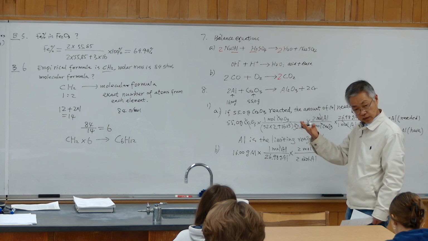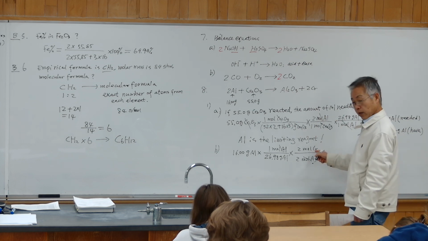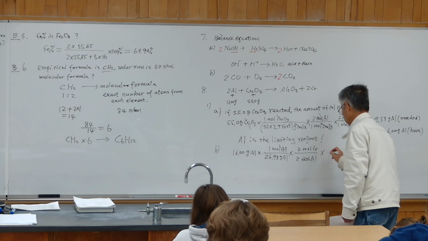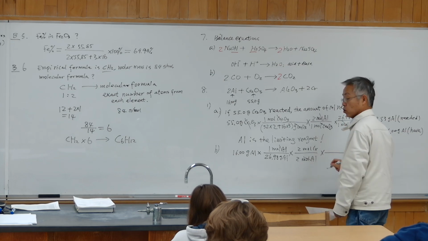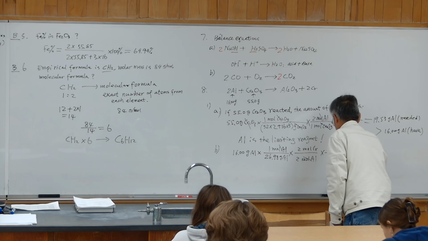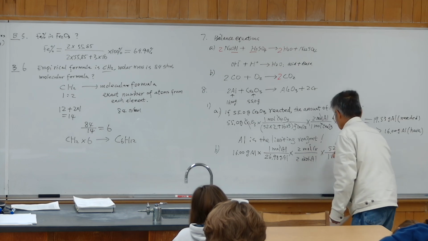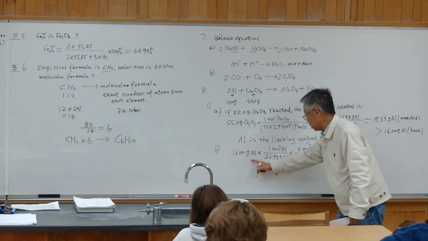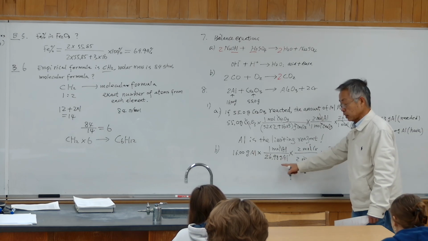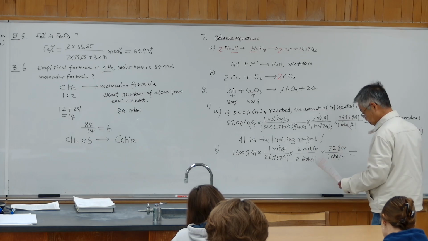The theoretical yield is mass, not moles. So according to that chart, from moles to mass is moles multiplied by molar mass. The molar mass for chromium, use the periodic table again, is 52 gram per mole. So use calculator: 16 divided by 26.98, multiply by 2 divided by 2, then multiply by 52.